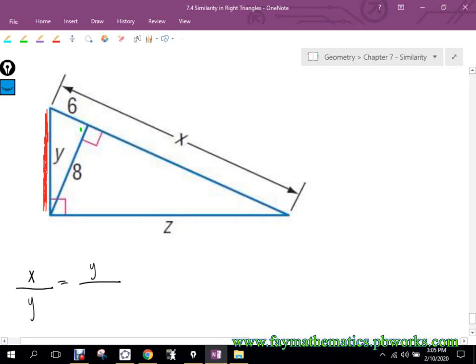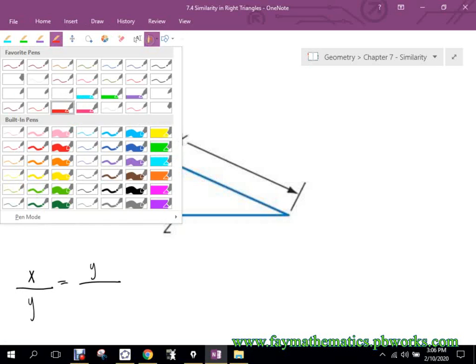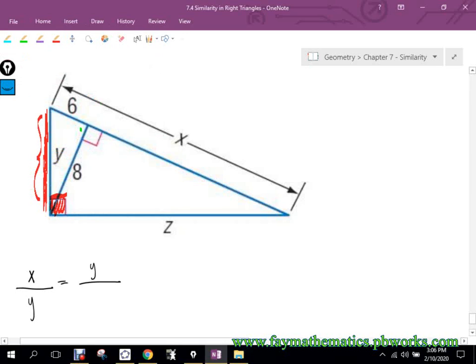X. That's my entire hypotenuse, opposite that right angle. And now what part of that hypotenuse is adjacent to or touching this segment Y? What part of X is touching Y here? 6, right? Does that make sense to everybody?